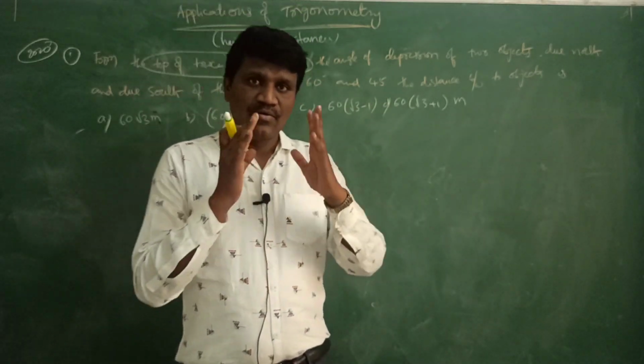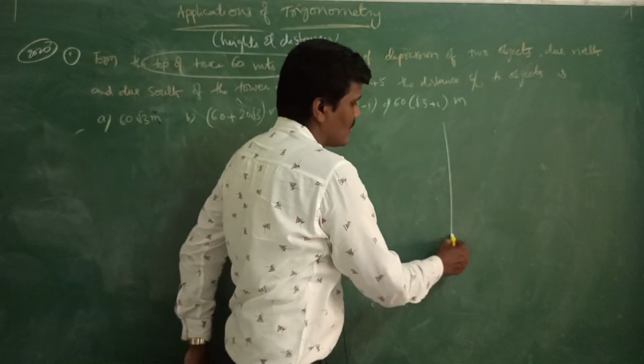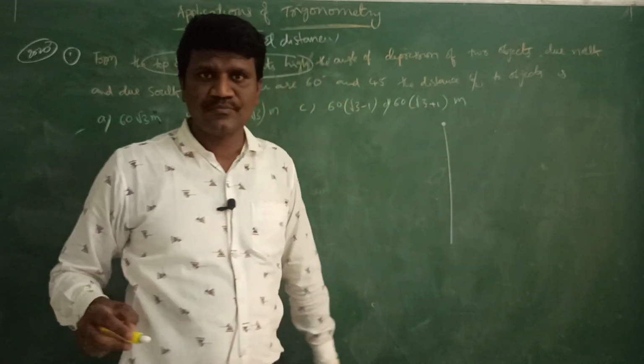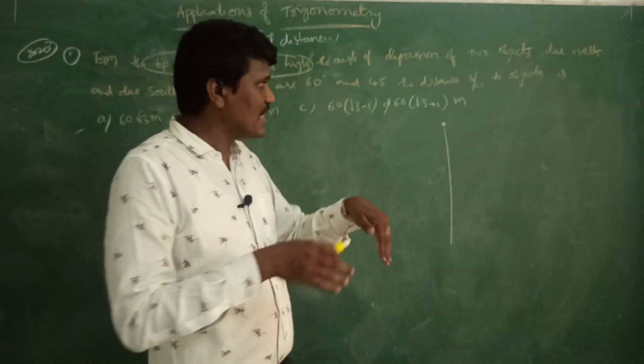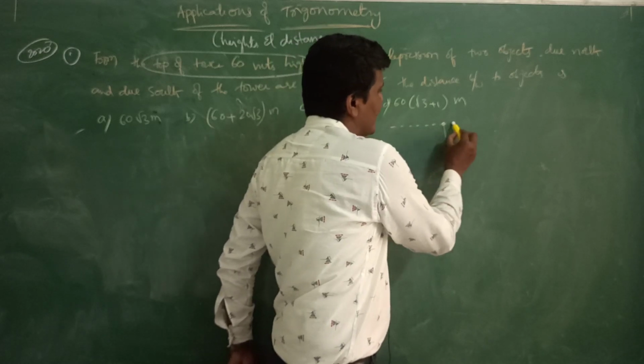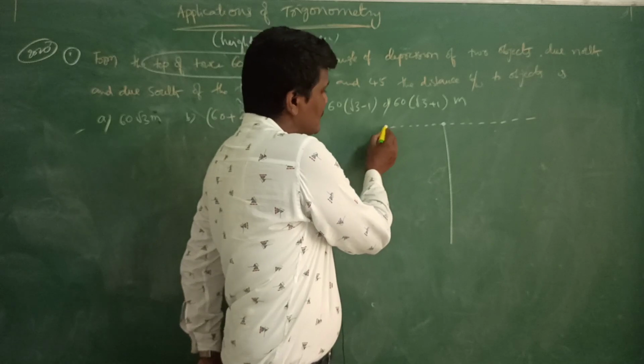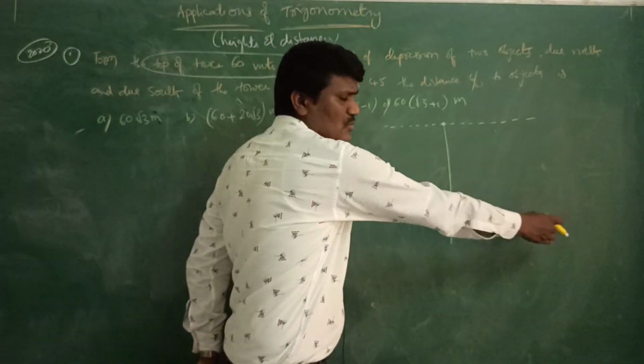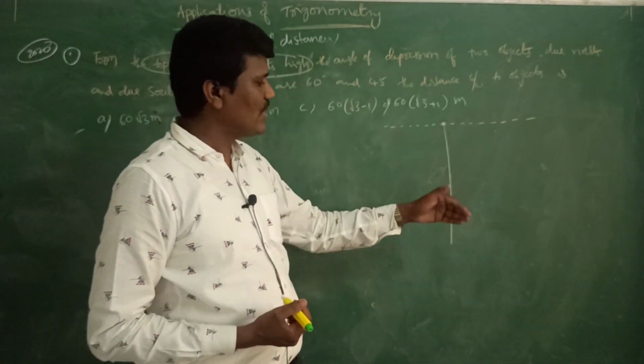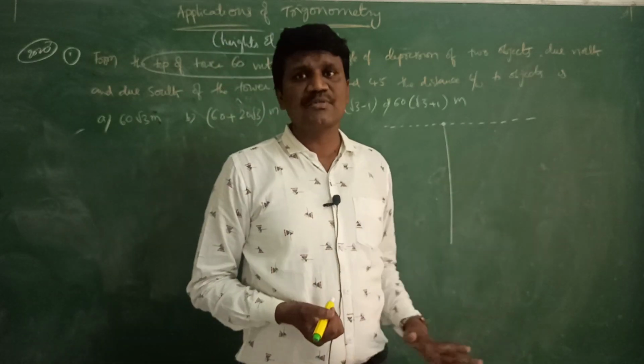That means from the top of the tower, here is the tower top, angle of depression. Angle of depression is nothing but always we should take the horizontal line from here. Suppose this is the north side and this is the south side, either you can take, right? One is the north side and one is the south side.